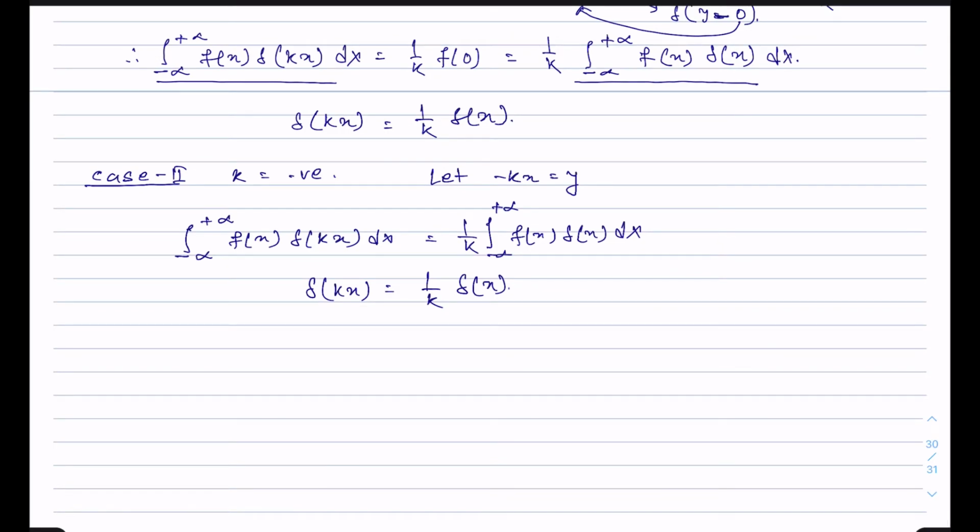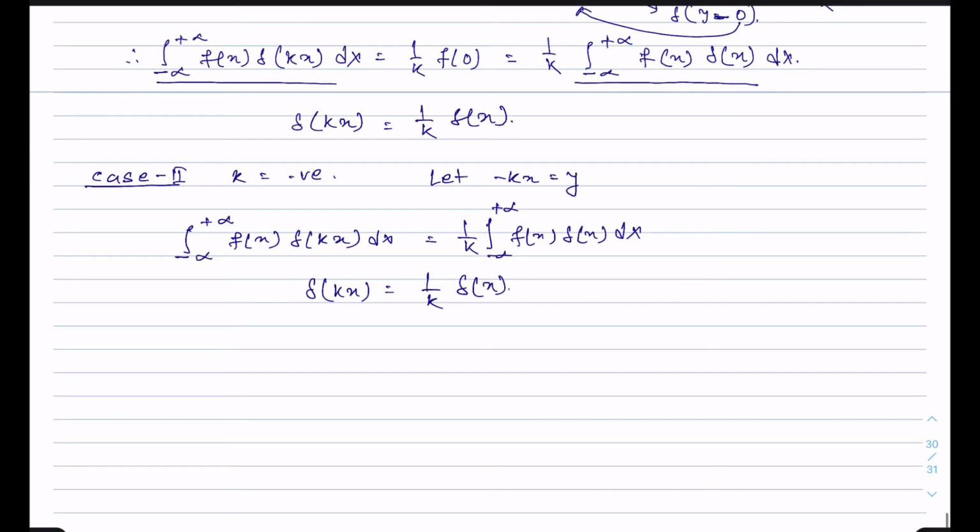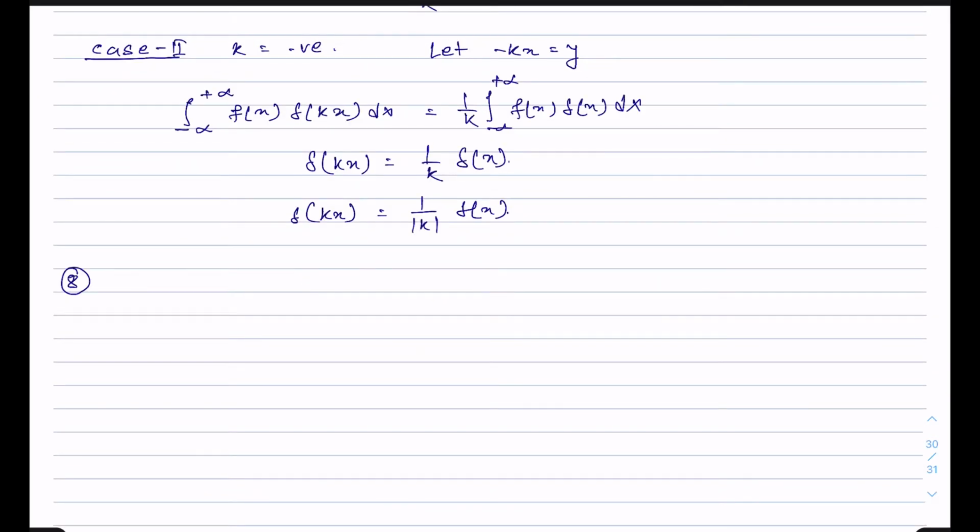So in general, we get the same expression for both positive and negative k. So in general, you can say that delta kx is equal to 1 over mod k delta x. Okay. So our next property is delta of minus x is delta x.